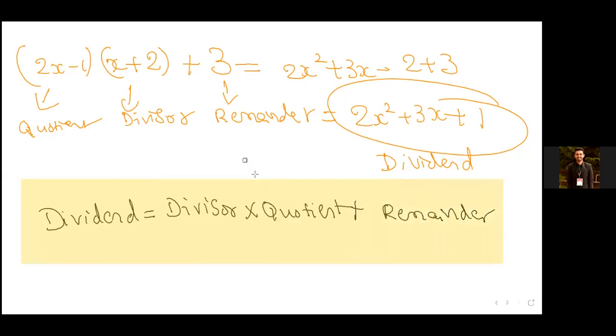Remember this always. Dividend is equal to divisor multiplied by the quotient plus the remainder. Then further, let me take one more example.